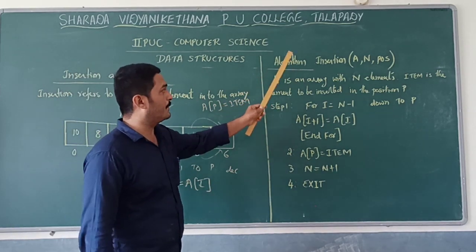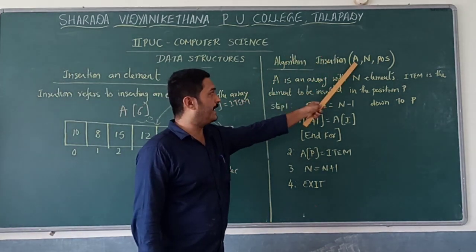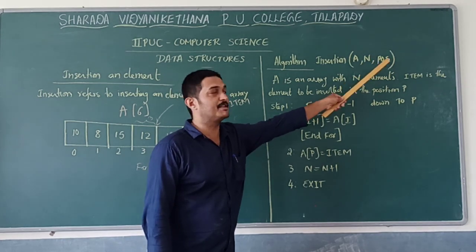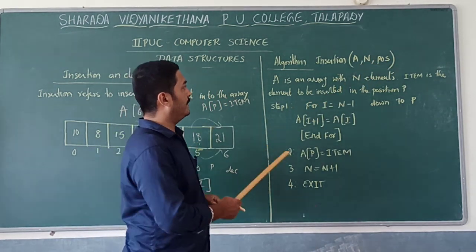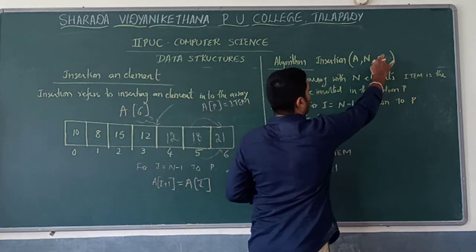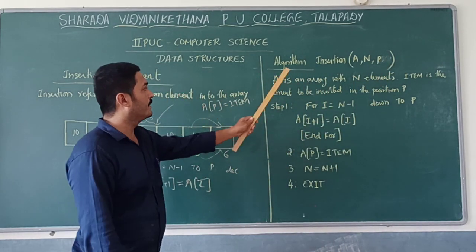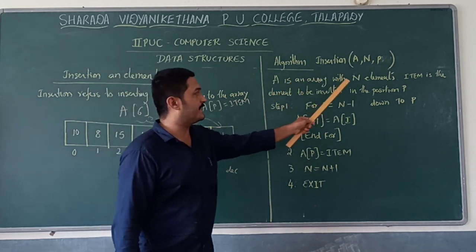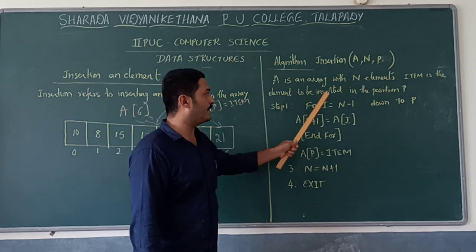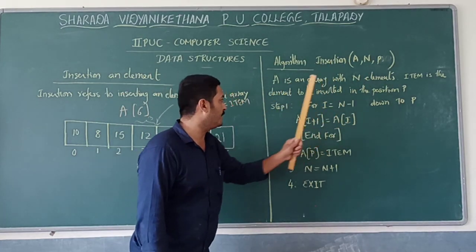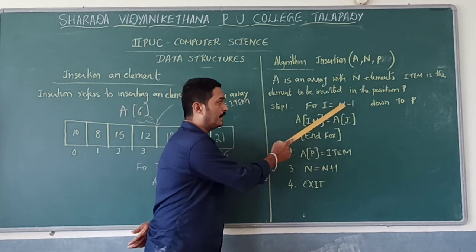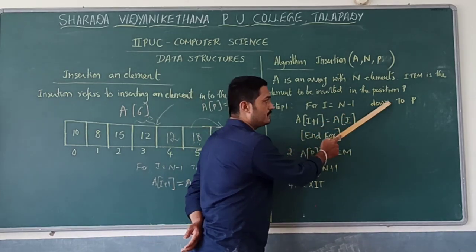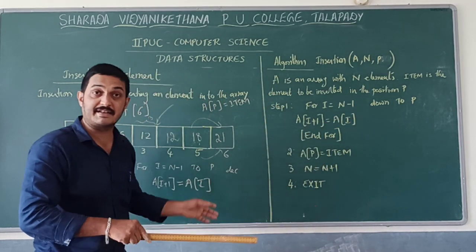The algorithm name is insertion, with array A of n elements and position P. Position means location. Here, A is an array with n elements. Item is an element to be inserted at position P. First step, for I equal to n minus 1 down to P, that means decreasing order.